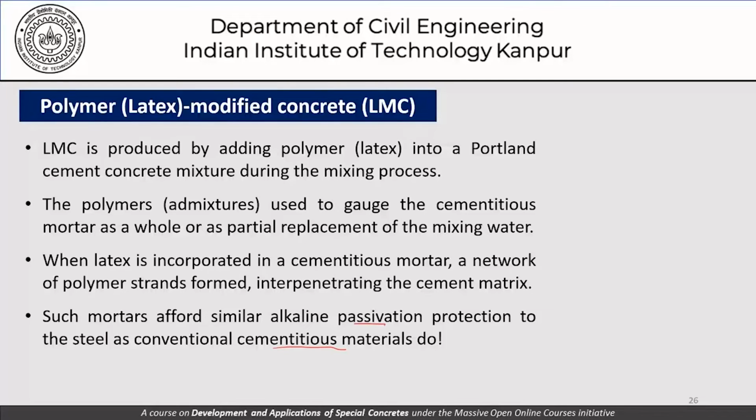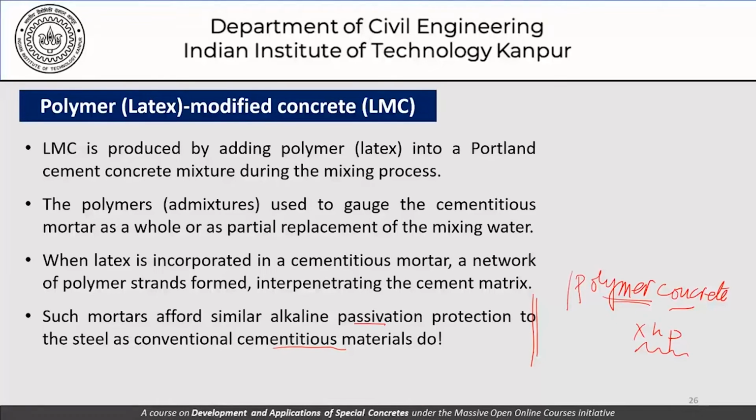I'm leaving it to you to think about and look in the literature about this part of alkaline passivation in the case of polymer concrete. In the case of polymer concrete, remember that there are no hydration products. We have only hardened polymer around the coarse aggregates.